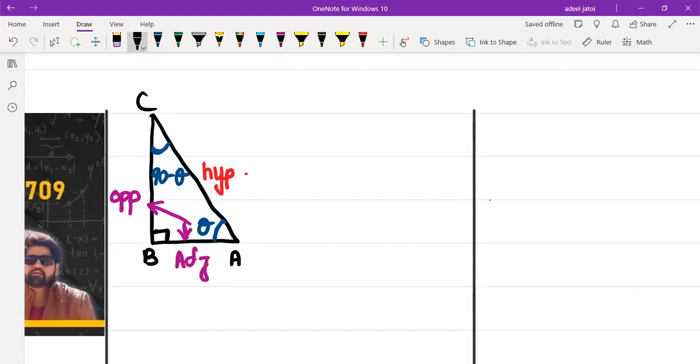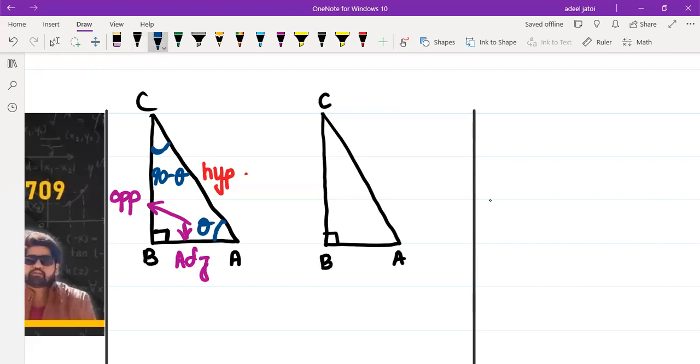Whereas on the other hand, if we have a right angle triangle with this 90-degree, considering that this was theta and this was 90 minus theta, then for 90 minus theta, this side is basically opposite. Opposite to 90-degree is hypotenuse. So the remaining side will become adjacent. So the angle will decide which side is opposite.